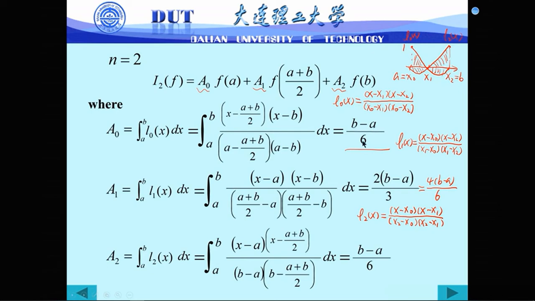So b minus a over 6, b minus a over 6. The middle weight a1 is equal to 4 over 6 multiplied by b minus a. You should remember 1, 4, 1 over 6, right? 1 plus 4 plus 1 equals 6, which is the denominator.